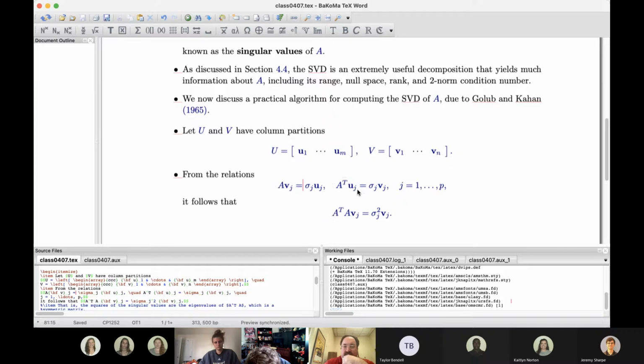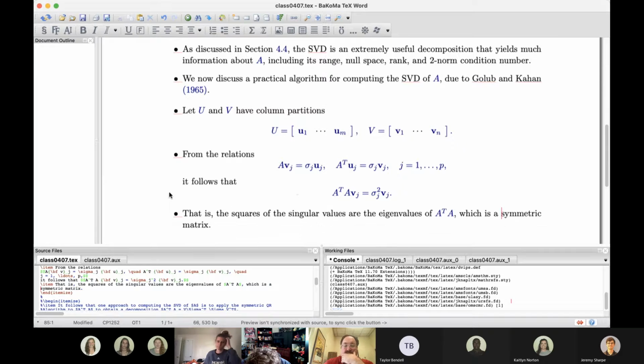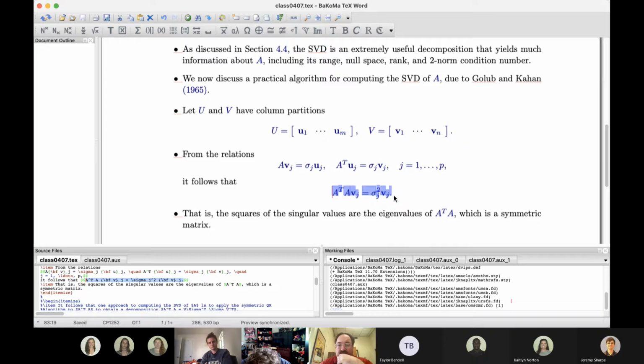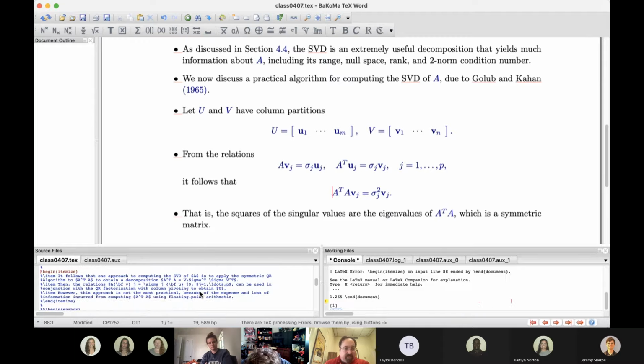So by putting these two equations together, what we have here is an eigenvalue-eigenvector relationship: the right singular vectors, the columns of V, are eigenvectors of the N by N matrix A transpose A, and the eigenvalues are the squares of the singular values. And A transpose A is a symmetric matrix. So this relationship alone gives us at least one way to proceed in getting the SVD, a starting point in coming up with a practical algorithm.